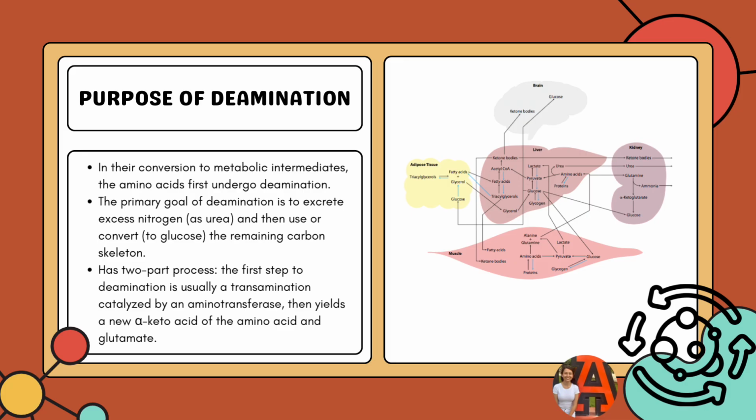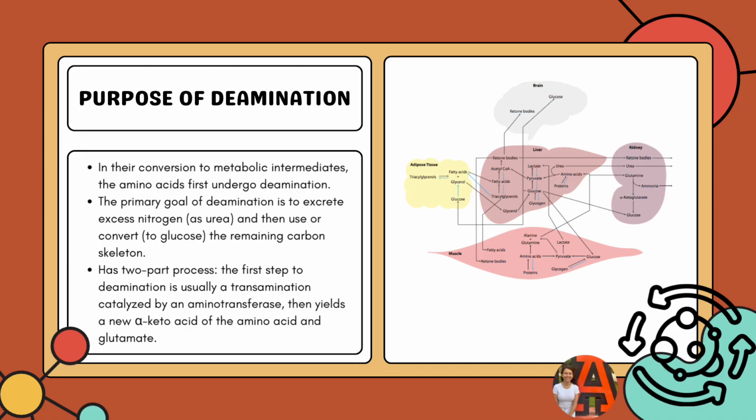Deamination is a two-part process. The first step is usually a transamination catalyzed by an aminotransferase, in which the amino group of the amino acid is transferred to alpha ketoglutarate, which then yields a new alpha keto acid of the amino acid and glutamate.